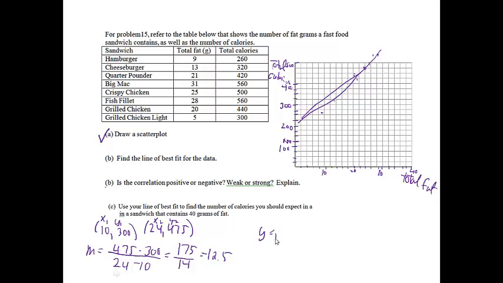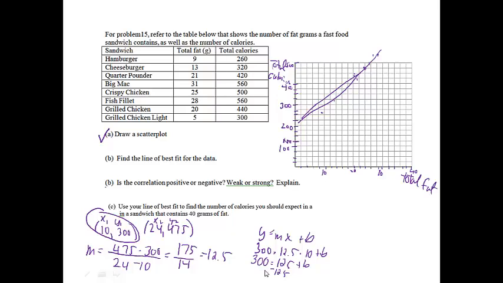And then we'll do y equals mx plus b. I'm going to pick 10 and 300. Those numbers look nicer. My y is 300. My m is 12.5. My x is 10 plus b. And then I'll get 300 equals 12.5 times 10 is 125 plus b.